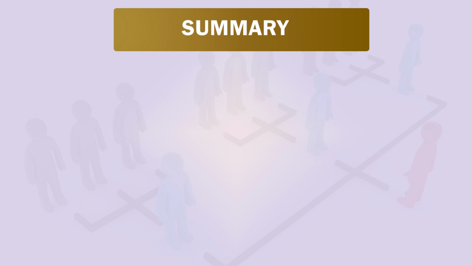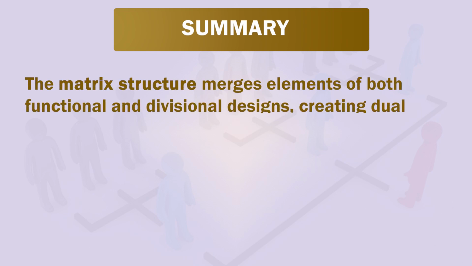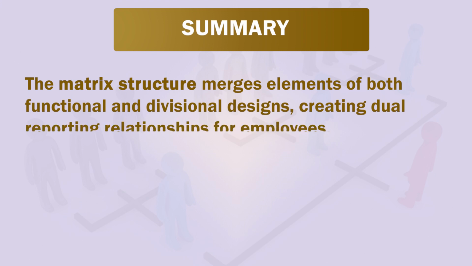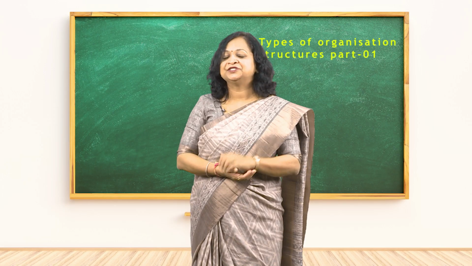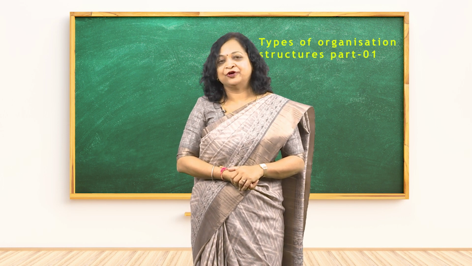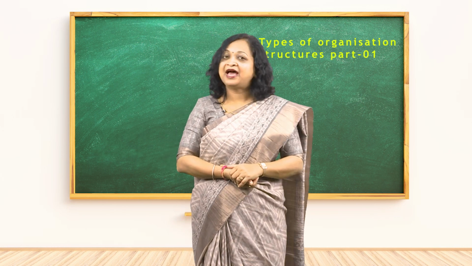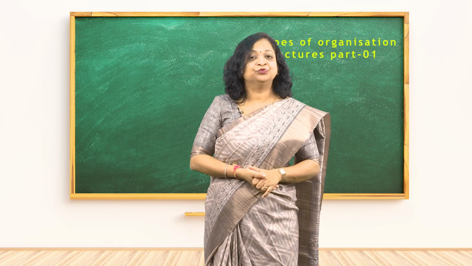And thirdly, we have seen the matrix structure, which merges the elements of both the functional and divisional design. It creates a dual reporting relationship for the employees, and this structure fosters flexibility and encourages collaboration through cross-functional teams. It enables the organization to leverage diverse skills for project-based work.